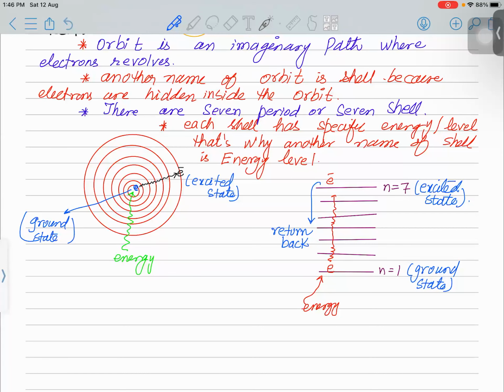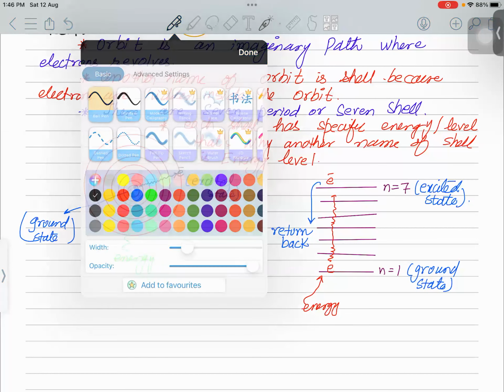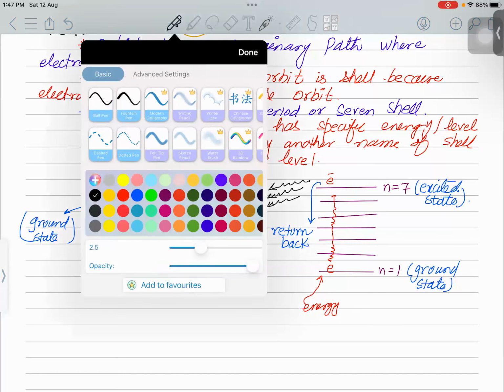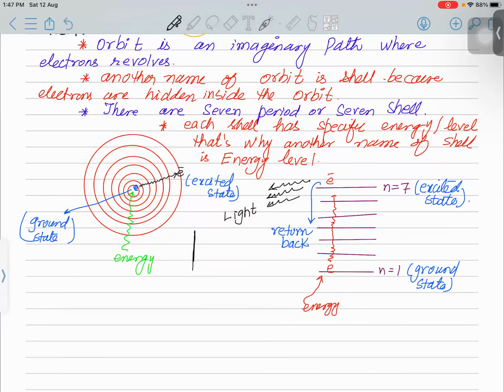Are you getting my point? Yes, the absorbed energy is emitted in the form of light. And when this light strikes the detector, you can see that we have packets of light, dark and bright, just like a barcode.